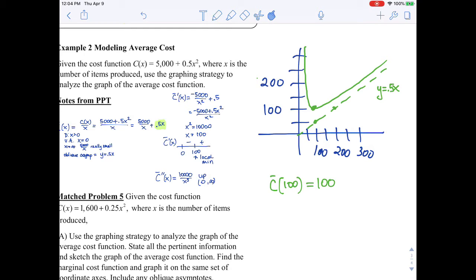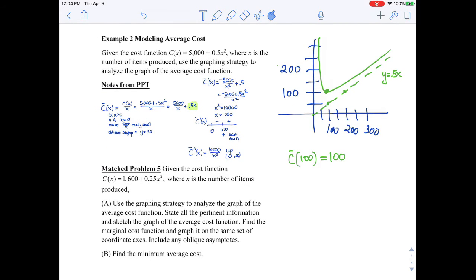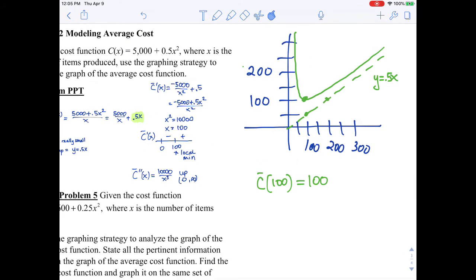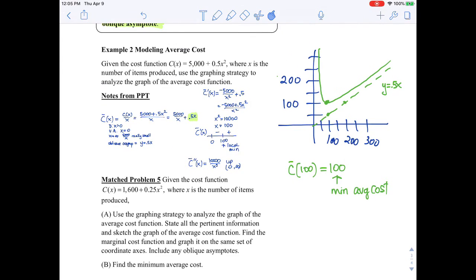And if we were to ask the question, what is the minimum average cost? The minimum average cost is whatever you found to be the value of your local min.